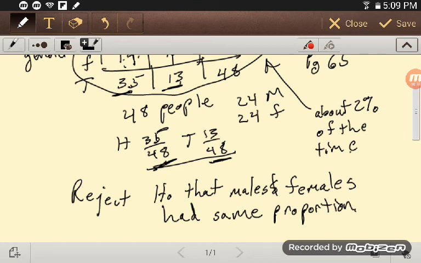Okay, because given the assumption that that was happening, we could only get these data or worse about 2% of the time, according to our text. Okay, so that's what they're doing in 2.1.